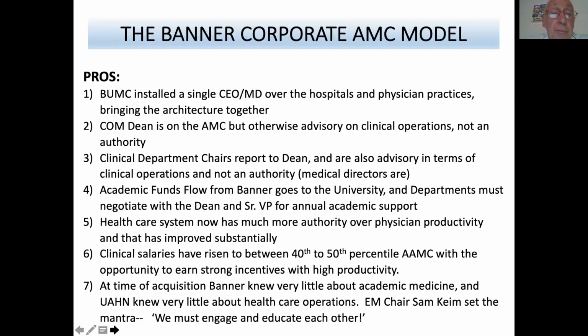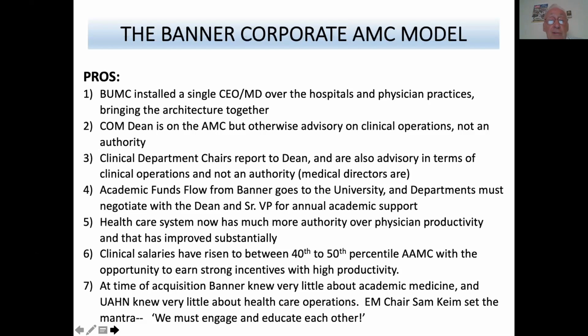The clinical department chairs report to the dean, but they're also advisory in terms of clinical operations and not an authority, although our medical directors are an authority and they report to the Banner CMOs. Academic funds flow from Banner goes to the university, and departments have to negotiate with the dean and the senior vice president for annual academic support.